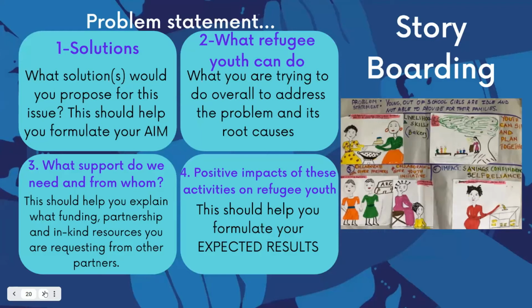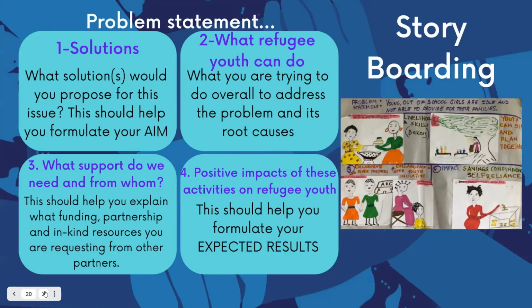So these are the expected results. If this is the solution, and these are the people who can work on the solution, and this is the support that we get, then these are the results that we will have. Results such as young people will now be able to work, young people will now be able to provide for themselves. They'll be able to do quite a lot of things for their community.